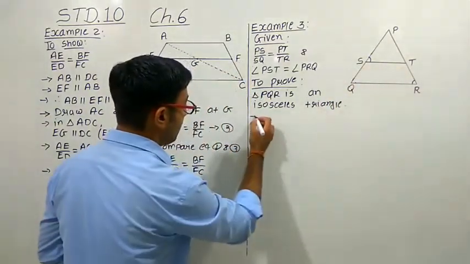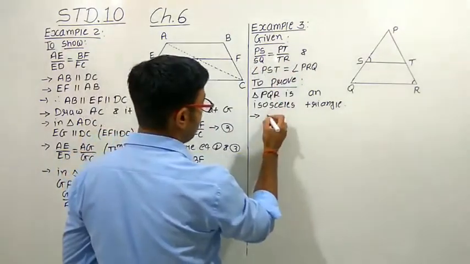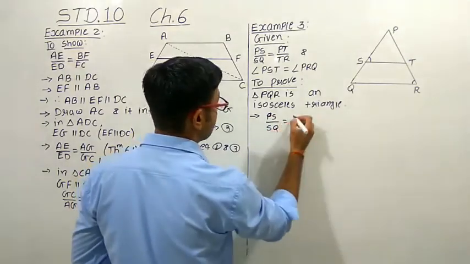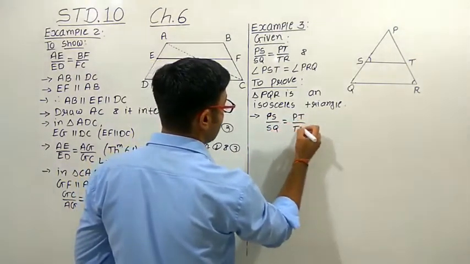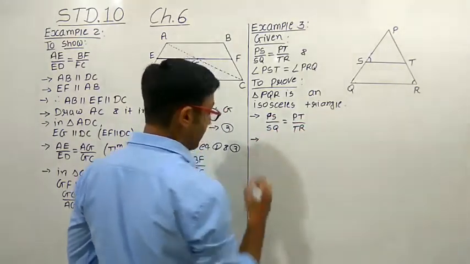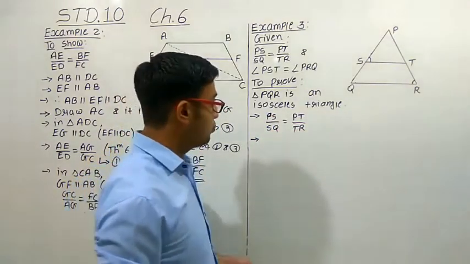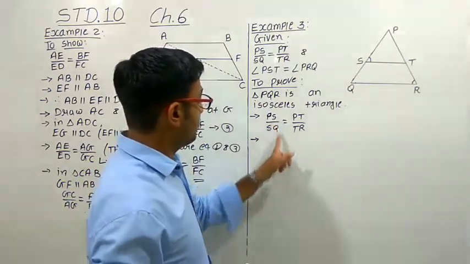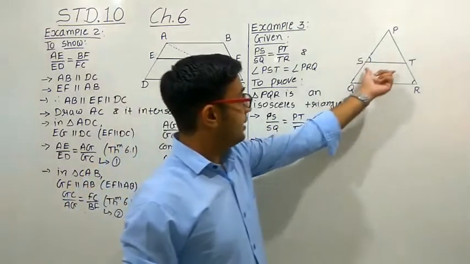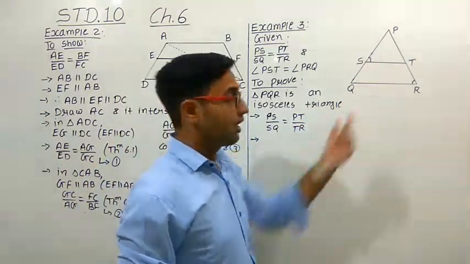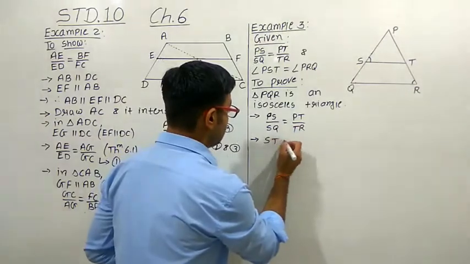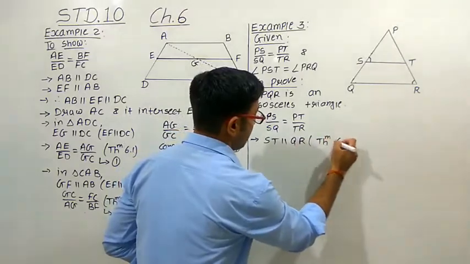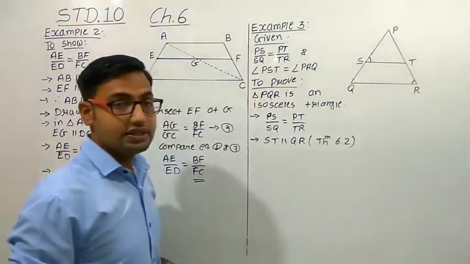And to prove that, see, whatever we have been given is PS upon SQ is equal to PT upon TR. Now, according to theorem 6.2, if a line divides two sides of a triangle in the same ratio, then that line is parallel to the third side of the triangle. So here we can say that ST is parallel to QR according to theorem 6.2 that we have already studied, right?